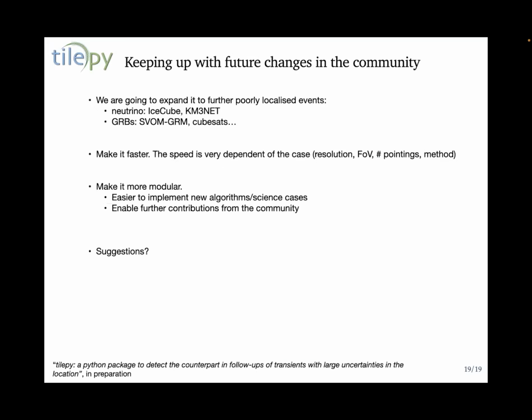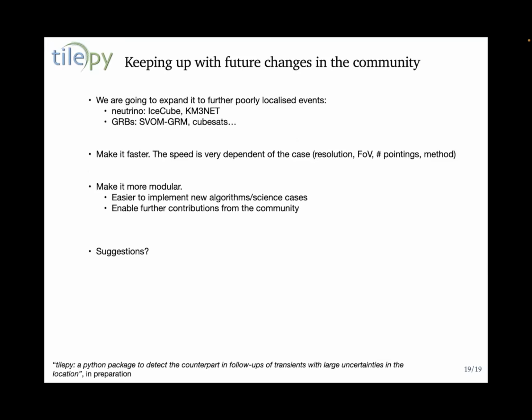And then just the last slide, what do we have in our to-do list? Basically keep up with future changes in the community. We're going to add everything that has a HEALPix sky map. It's very easy. We just need to plug it in and it just works. So neutrinos, GRBs. In our to-do list, we also have making it faster.